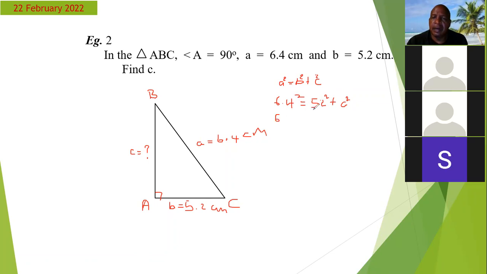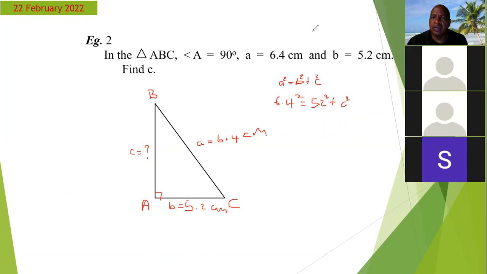All right. So we want to solve for C squared, but remember when you're solving for C squared, you want to have C by itself on one side of the equation. So in order to do that, whatever is on that side with the C must go to the other side. All right, Ms. Cabrera? Yeah.